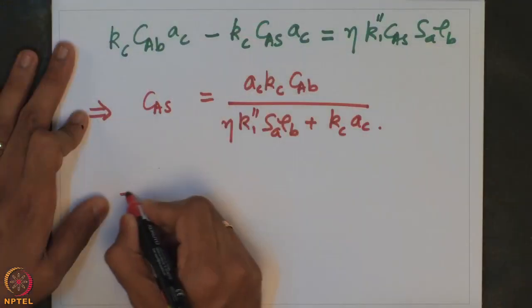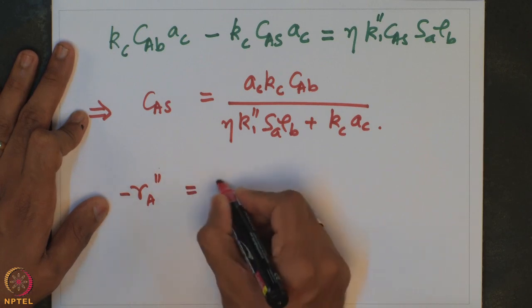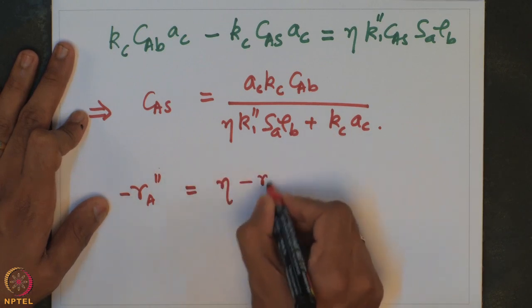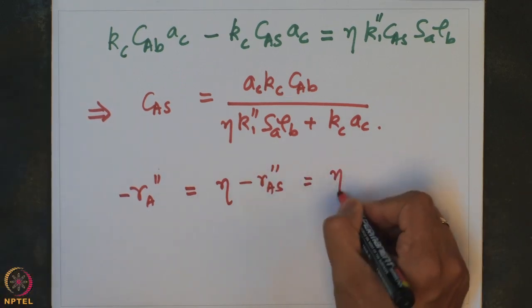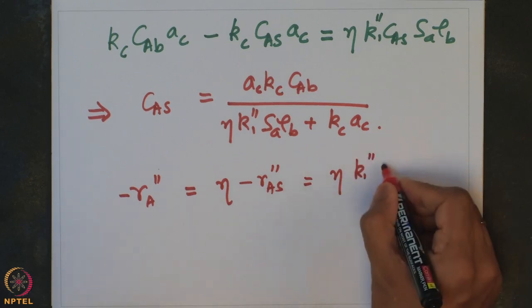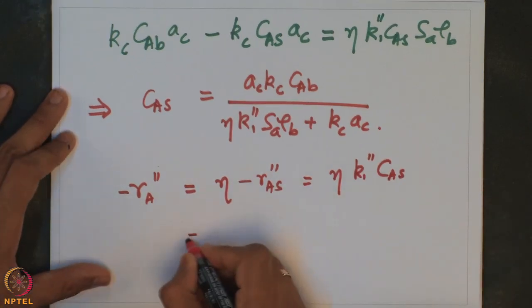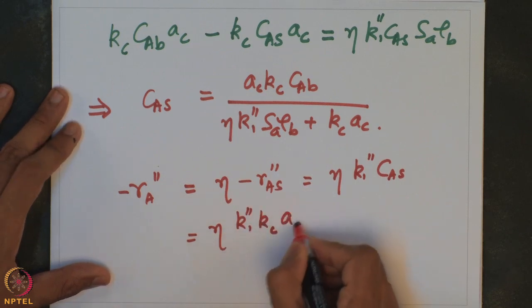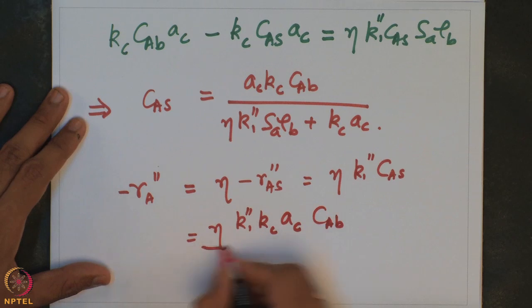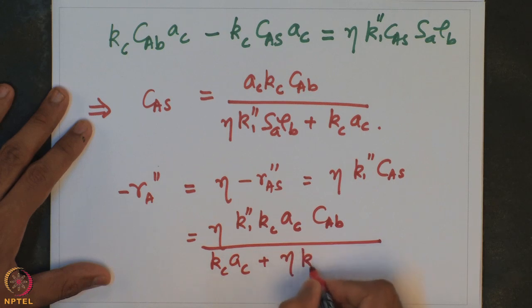So, minus R_A double prime is essentially equal to eta into minus R_AS double prime, which equals eta into K1 double prime into C_AS, and we know the expression for C_AS. Substituting it here, we get eta K1 double prime Kc A_c C_AB divided by Kc A_c plus eta K1 double prime S_A into rho_B.